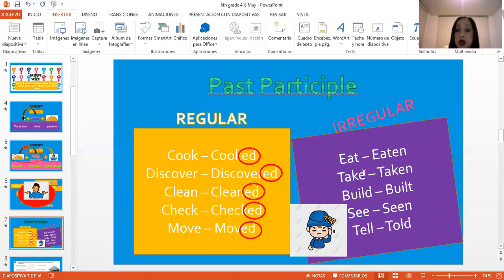For the irregular group, the verb is not ending in ed. The verb is ending differently because they keep the root: eat, eaten, take, taken, build, built, see, seen, tell, told.